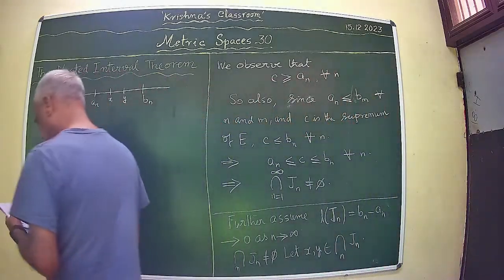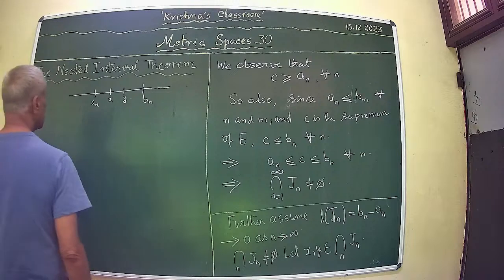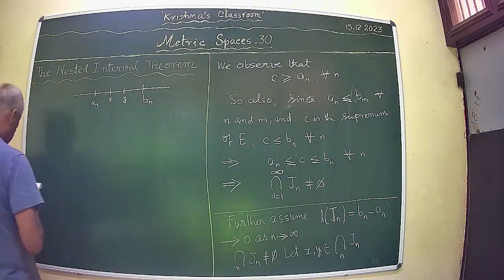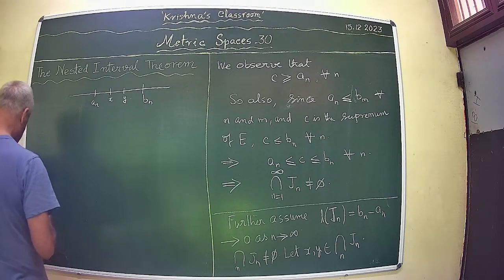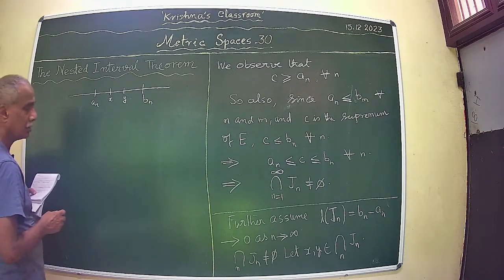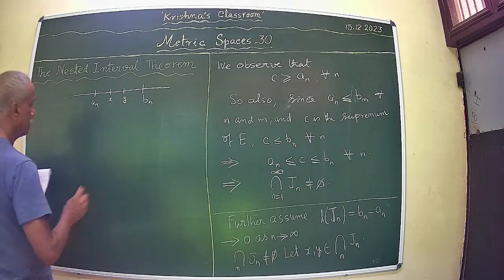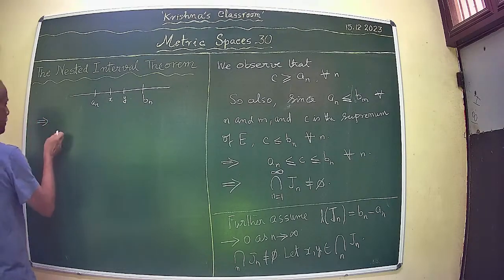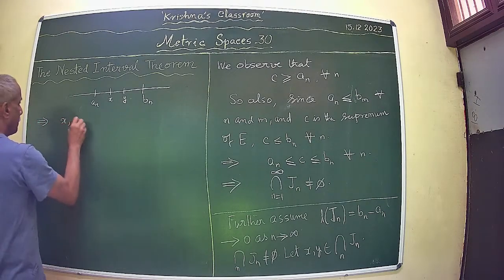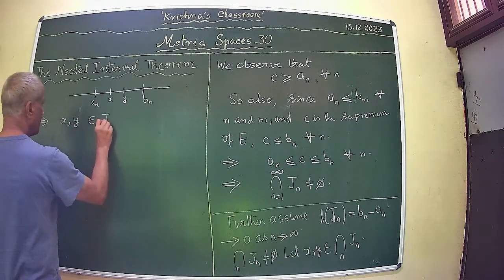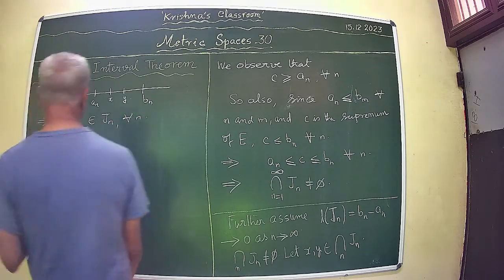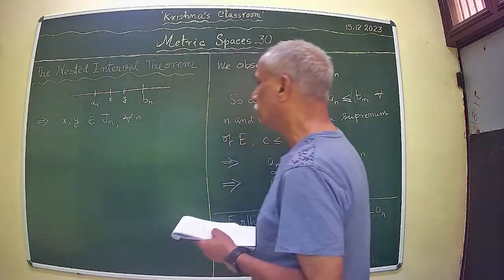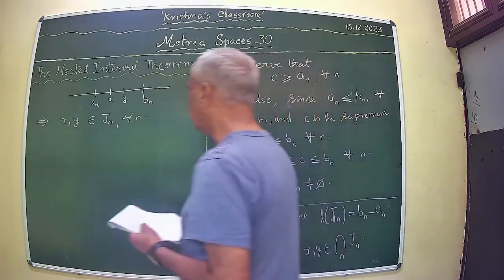Okay. So this implies, for every n. What does this mean?